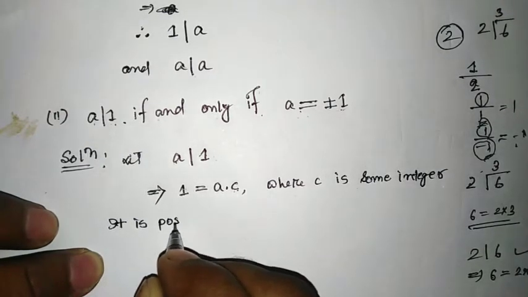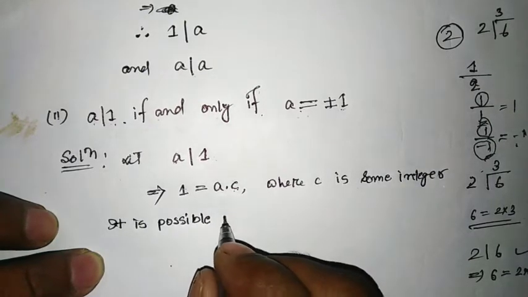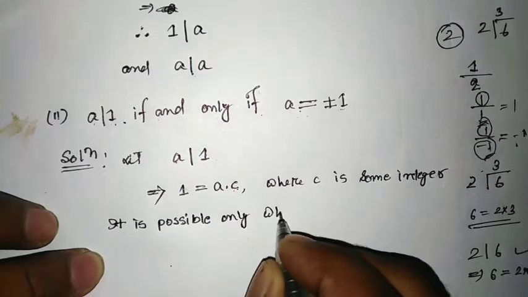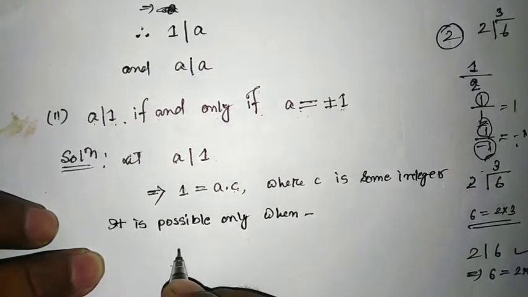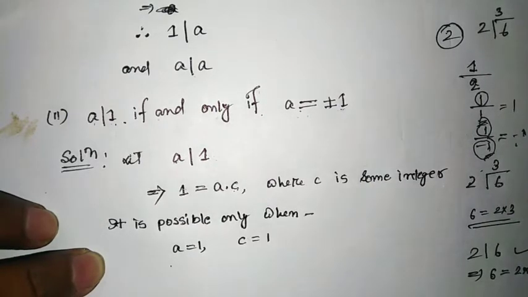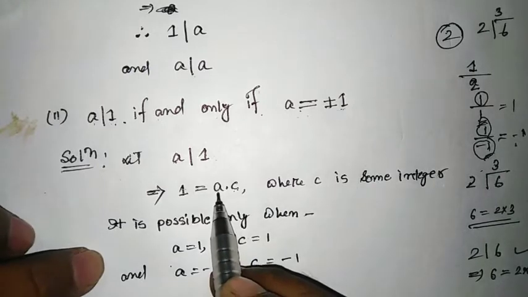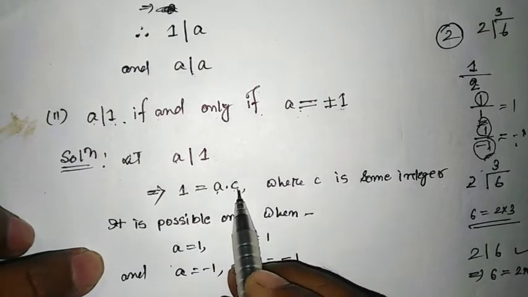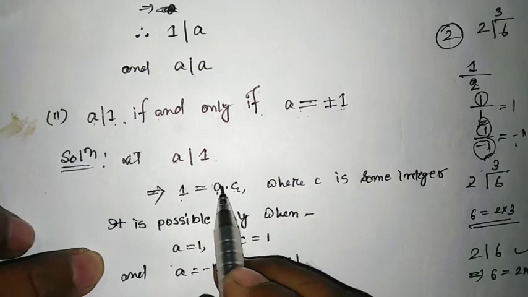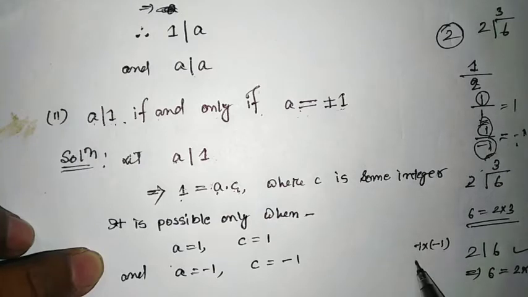Now see, a into c is equal to 1. This is possible only when a is equal to 1 and c is equal to 1, or a is equal to minus 1 and c is equal to minus 1.